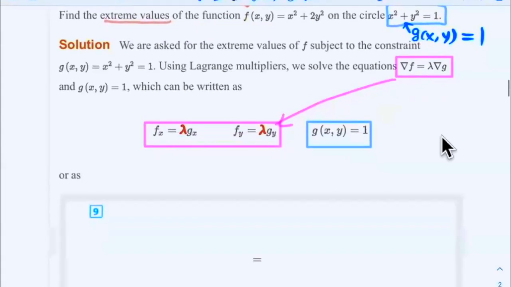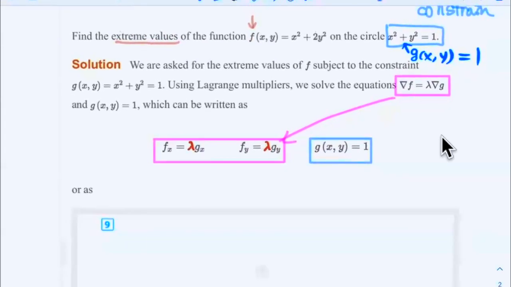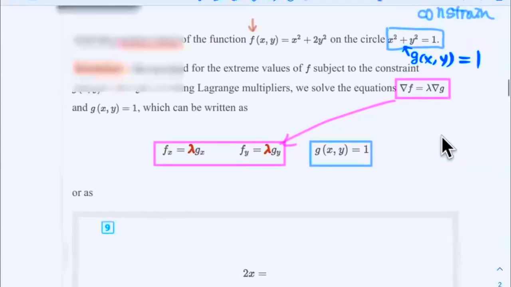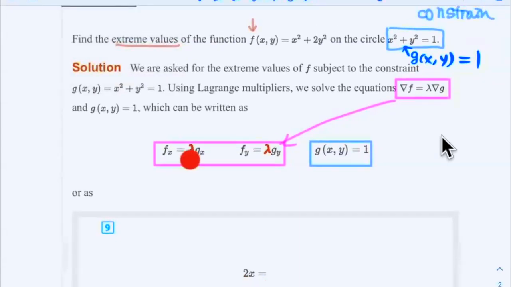Some of you already told me that the partial derivative of f here with respect to x is 2x. So we can write this as 2x equal to lambda times, what's the partial derivative of g with respect to x? It's also 2x. Okay, let's see. Oh, okay.